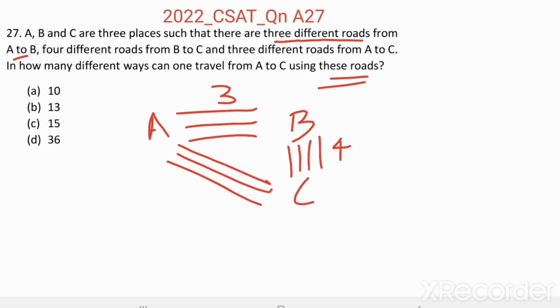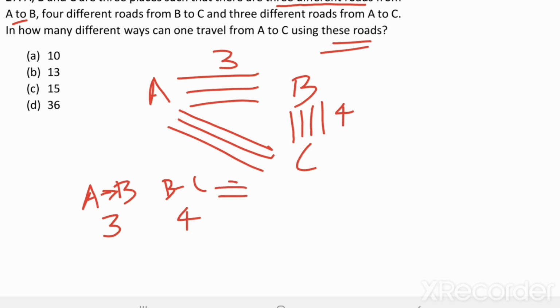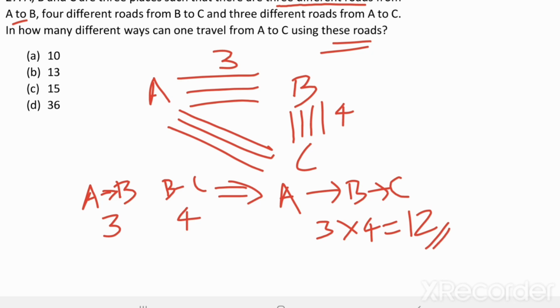A to B one can reach in 3 ways, and B to C one can reach in 4 ways. Then A to B to C one can reach in 3 into 4 ways, which is equal to 12.